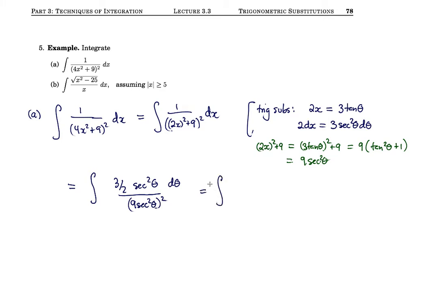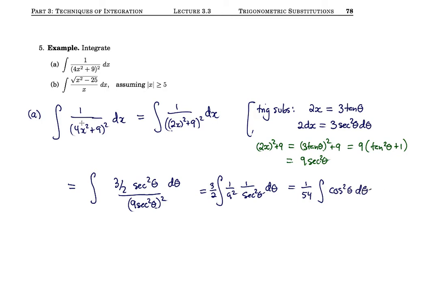So we can pull out the 3/2 all the way out front, and we've also got a 1/9 squared, and we've got a secant squared up top with a secant to the 4th in the bottom, so that becomes 1 over secant squared theta d theta. And the 9 squared can come out and cancels with part of the 3 to give us 1/2 times 27, or 1/54. And the 1 over secant squared theta we can write as cosine squared theta d theta.